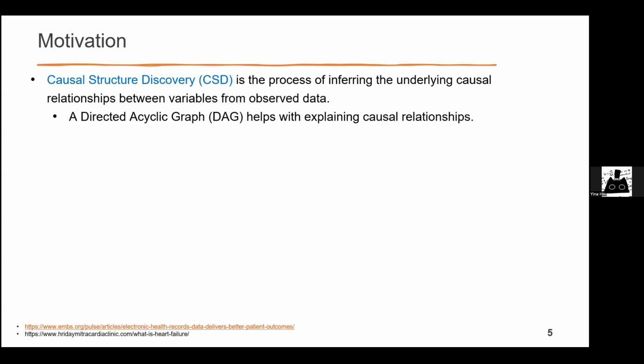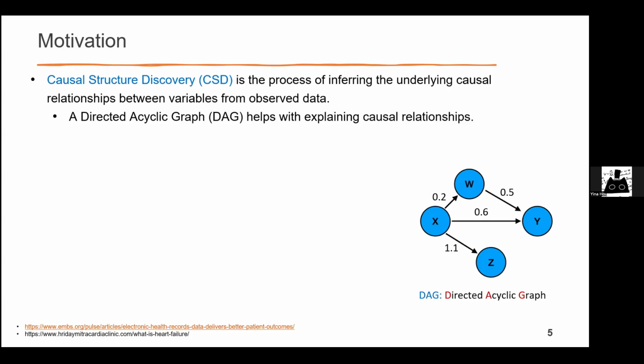A directed acyclic graph helps these models to have a better explanation for the causal relationship. This is an example of that, and also some models will provide weights for each edge, known as causal strengths. If we know causal strengths, it's easier for us to have a clear understanding of how much causal side features will contribute to the effect side features.